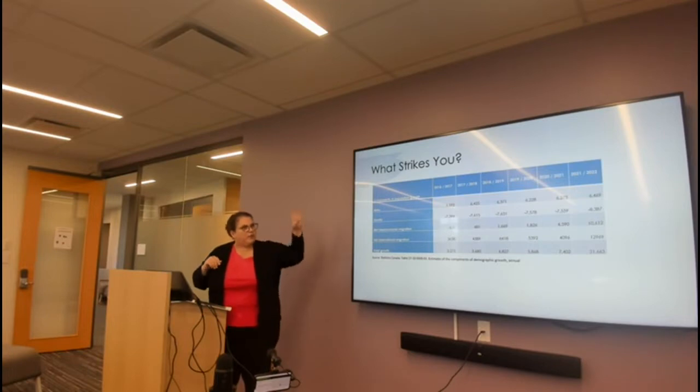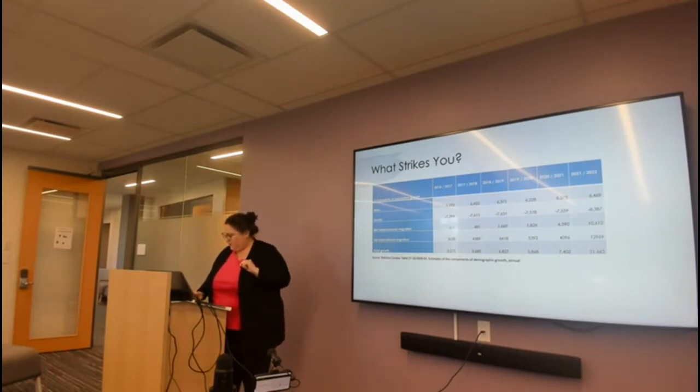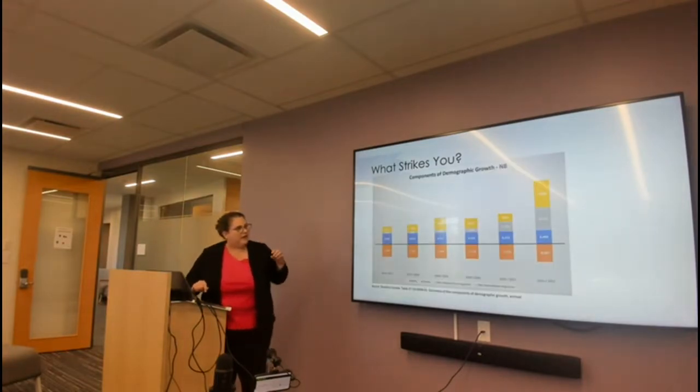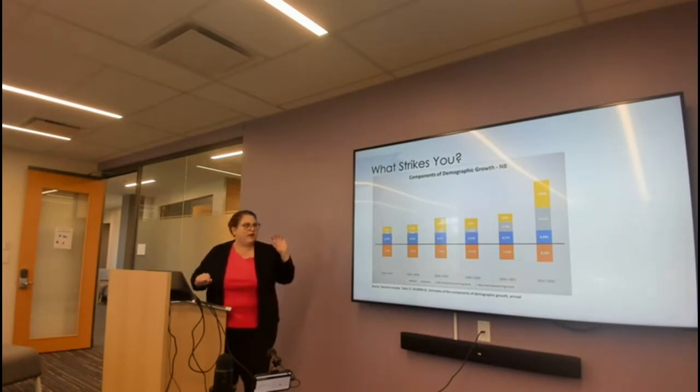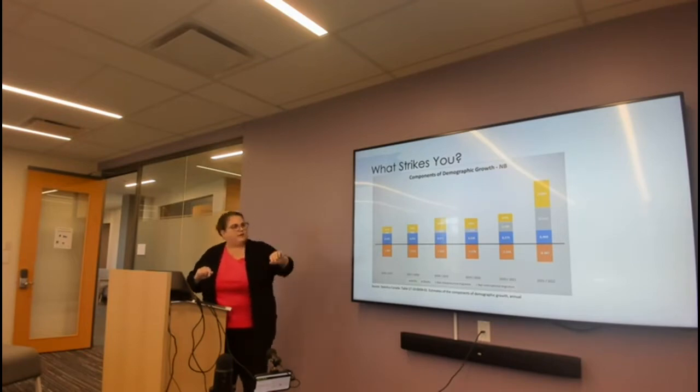So, there are a couple of things that jump out. But when you look at it graphically, what I really noticed, and this is an example of where I finally kind of said, oh yeah, I guess graphs aren't so bad. First of all, let's pretend like 2021-22 is not really there at this point.